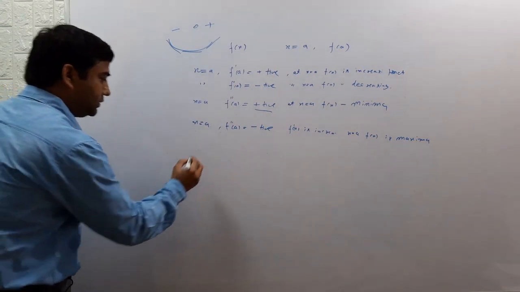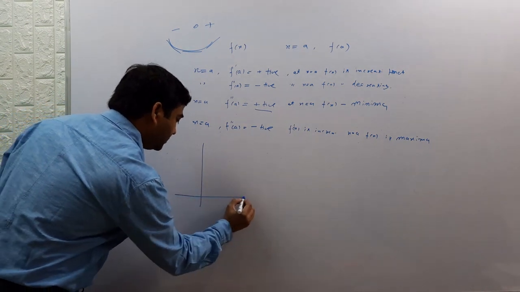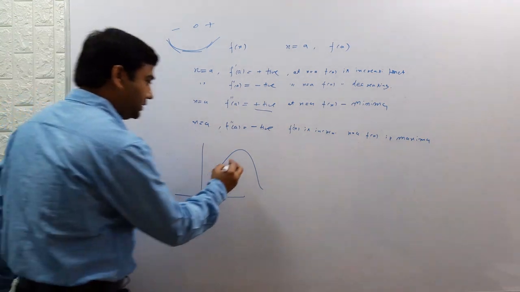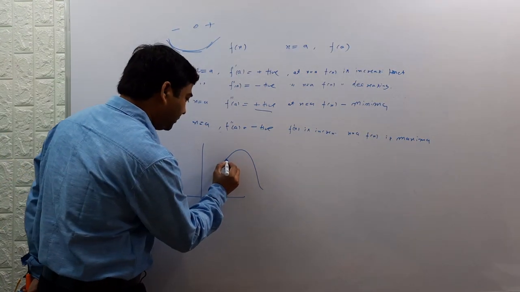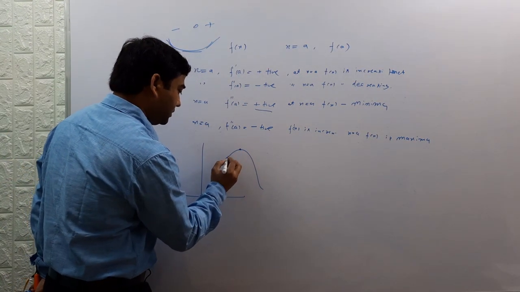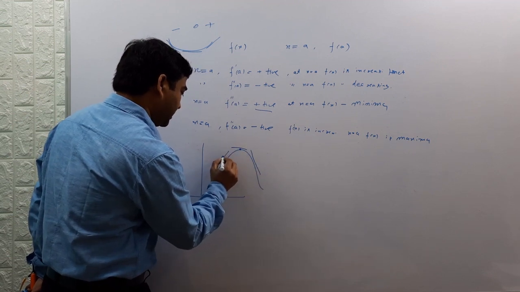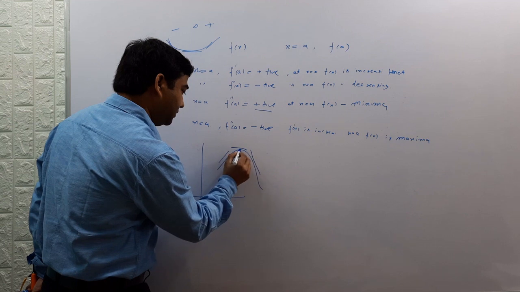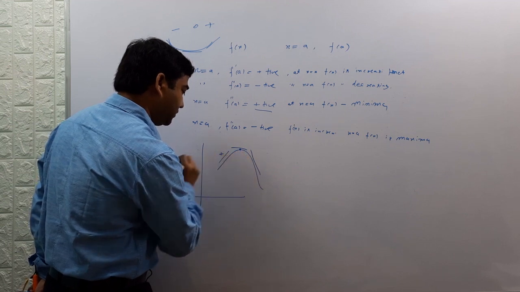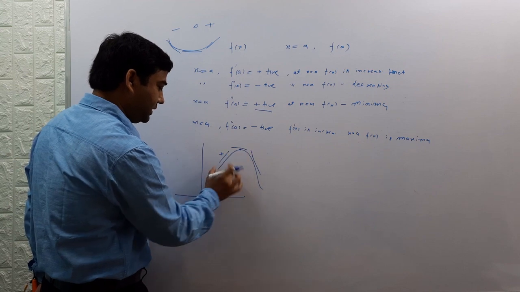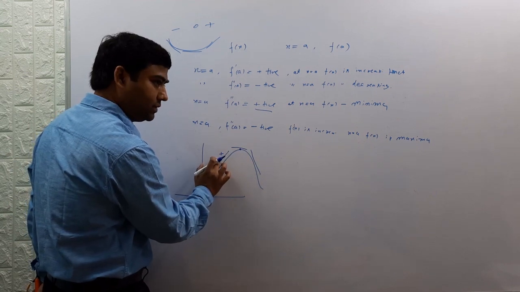So we will show it with a graph for this function. Again we are drawing the same thing. Before this turning point, the tangent is positive because this is increasing, and it always has an angle less than 90 degrees, so the tangent will be positive.